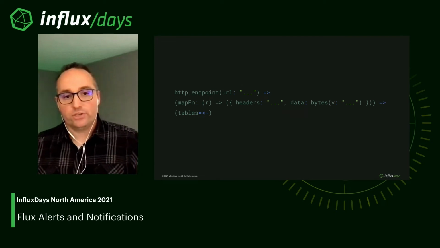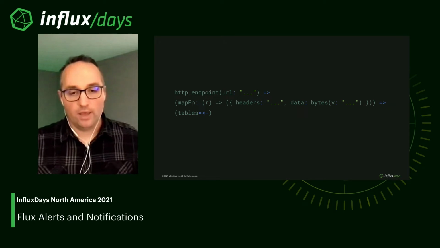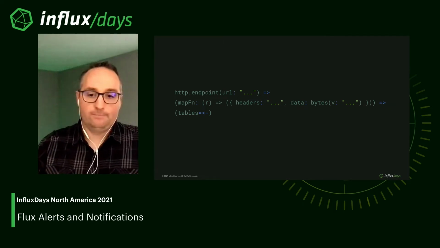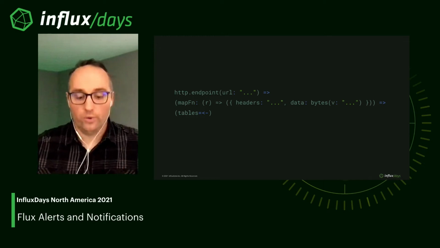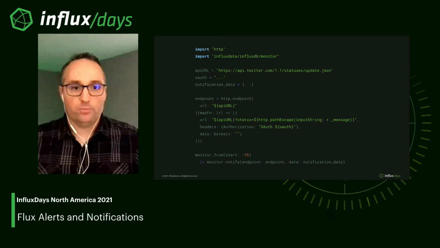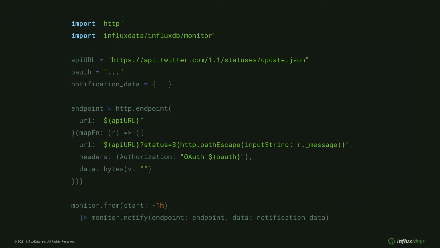For the endpoint convention, there actually is an HTTP endpoint function that you can define your custom function to work with. I know this is probably pretty small for people, so we might want to zoom in if we can. Essentially, you're importing the HTTP package to get access to the HTTP endpoint function.